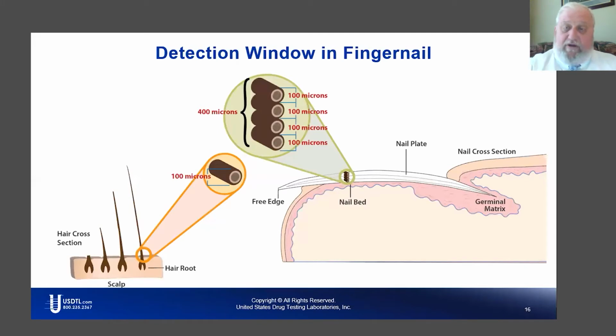So once that drug and drug metabolite is embedded into that fingernail, it's protected from being either reabsorbed by the blood in the nail bed or being extracted out as it diffuses and fills in throughout that nail. And this is an interesting concept when we start looking at the acids, because we see a very different pattern with marijuana and the ETG than we do, say, with some opiates and with cocaine, when you look at acids versus some bases. So this makes for a really nice comparison when we get to that.